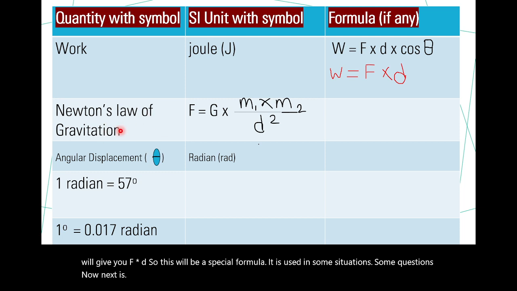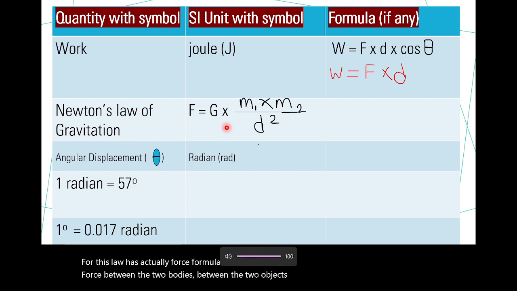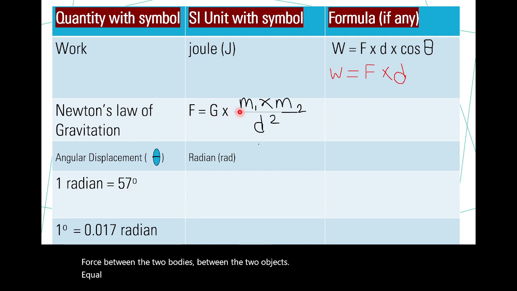Next is Newton's law of gravitation. This law has a force formula. The force between the two bodies, between the two objects, equals G times m1 times m2 divided by d squared.